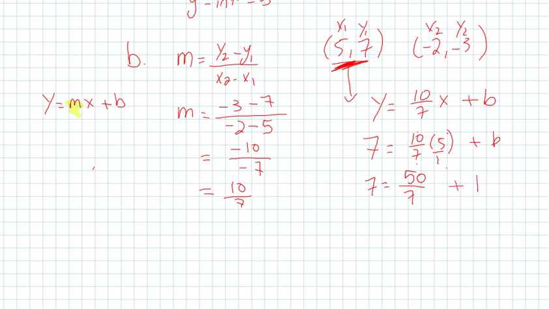Now I can isolate for b. I can move the 50 over 7 over, and it becomes minus 50 over 7. How do you add and subtract fractions? You can do it on the calculator, but what if your calculator doesn't do it for you?